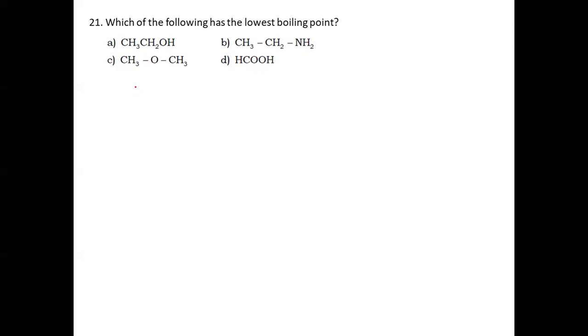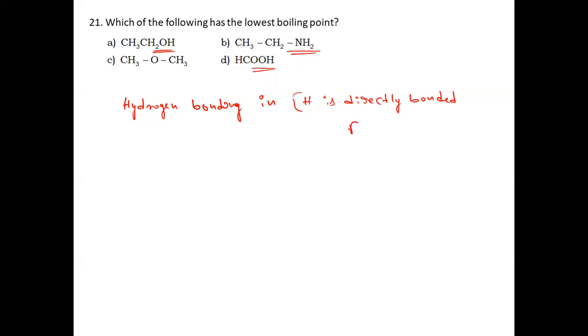If you consider all these functional groups, we can expect hydrogen bonding in alcohol, amine and carboxylic acid groups, because we can expect hydrogen bonding only when hydrogen is directly bonded to more electronegative elements like fluorine, oxygen and nitrogen.